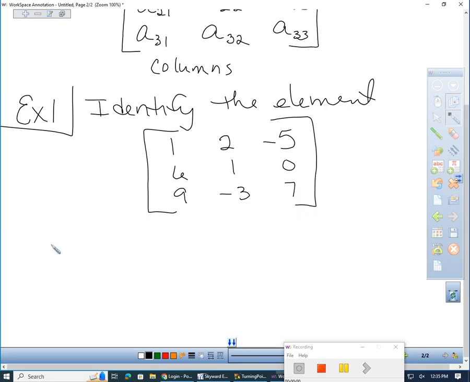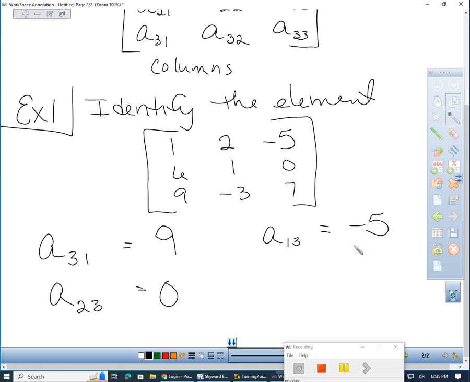And I ask for A31. What is it? 9. Very good. Let's say I ask for A23. 0. How about if I ask for A13? Perfect. How about if I ask for A32? -3. Very good.